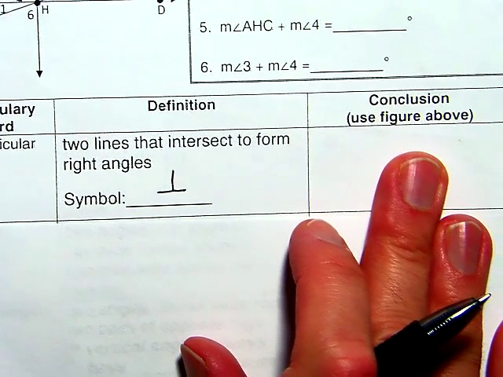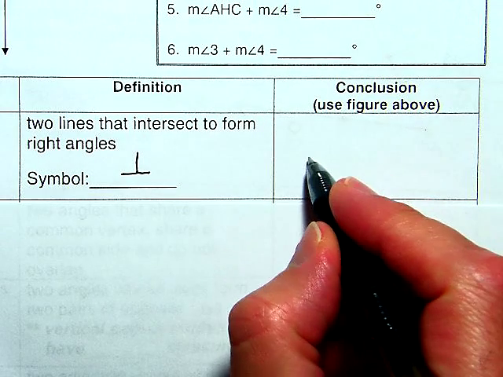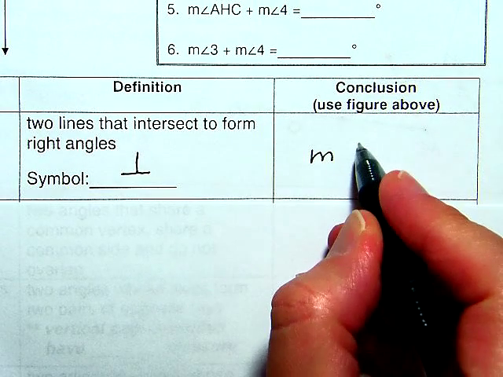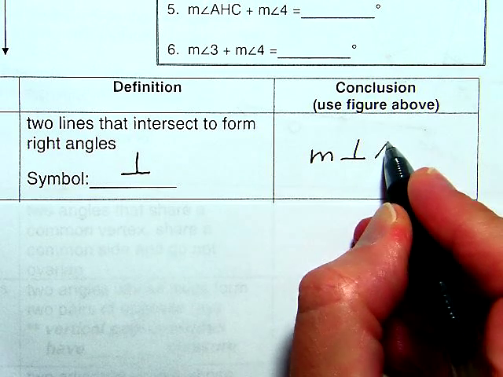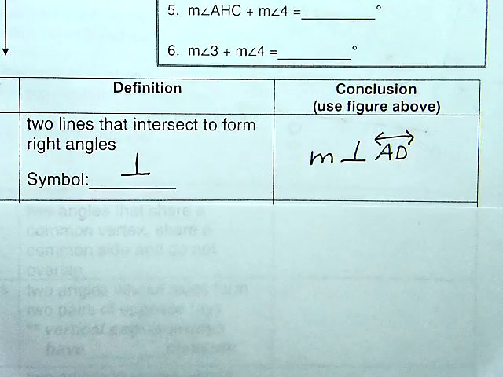So that means that line M and line AD are perpendicular. We can say line M is perpendicular to line AD.